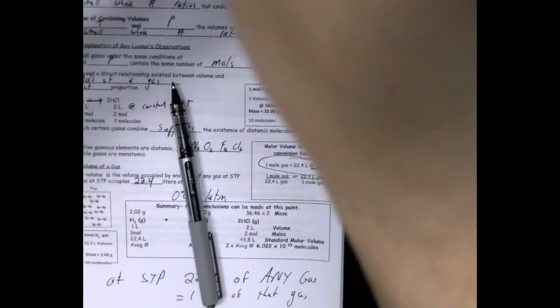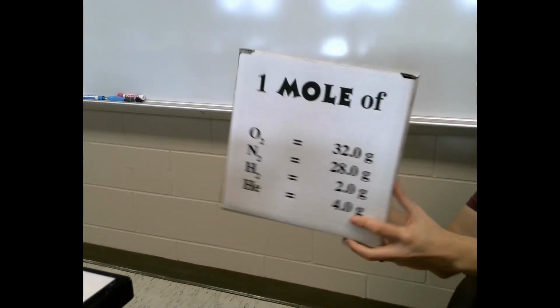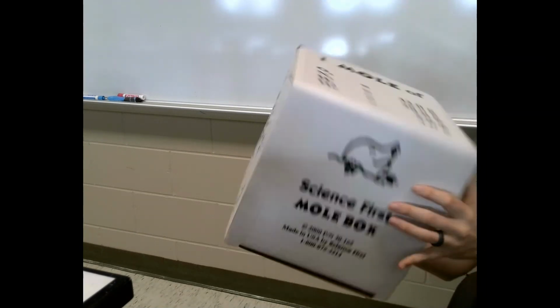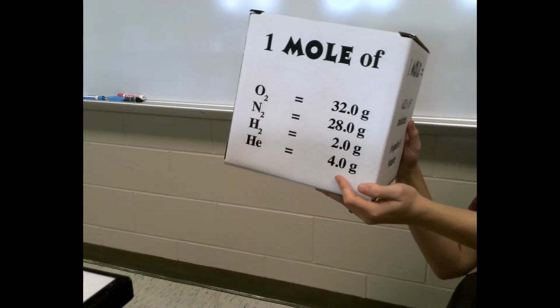If you're an in-person student, you're likely in my classroom, and you've seen this little box before. If you're not in person, here it is. It's just a little representation of what 1 mole of gas looks like. This little box would be 22.4 liters. So 1 mole of any gas would occupy the volume of this box.